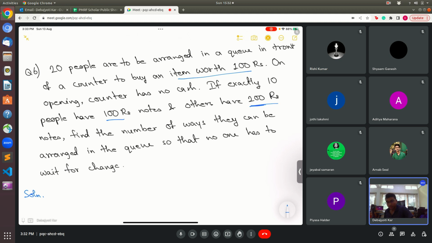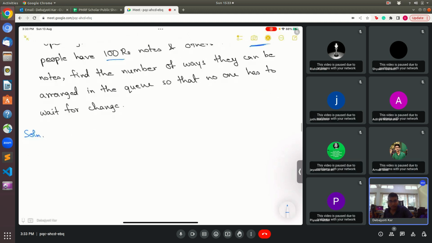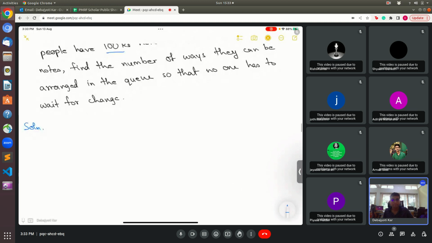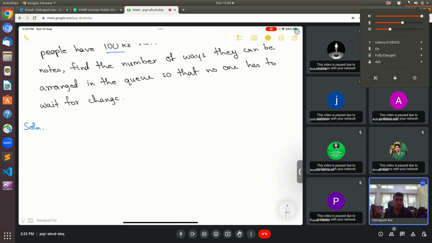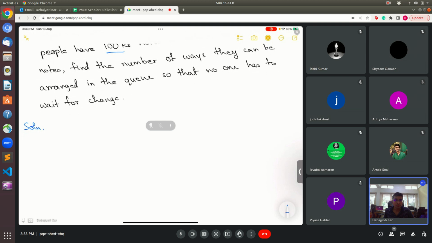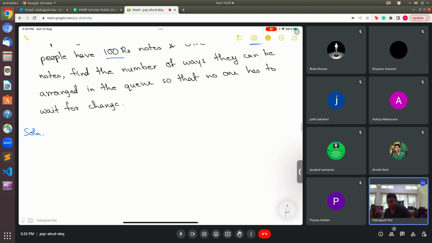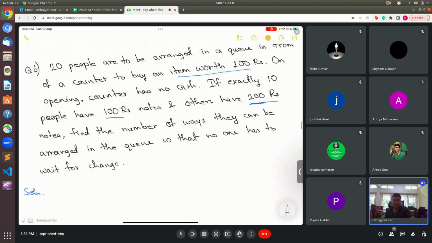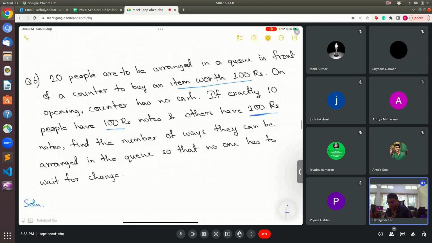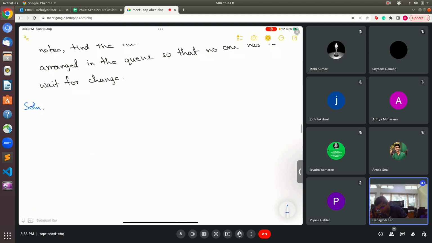I hope it's clear. Okay, for simplicity, instead of working with 100 and 200, let's just scale it and make it 1 and 2. It doesn't make any difference, right? So let's scale it.